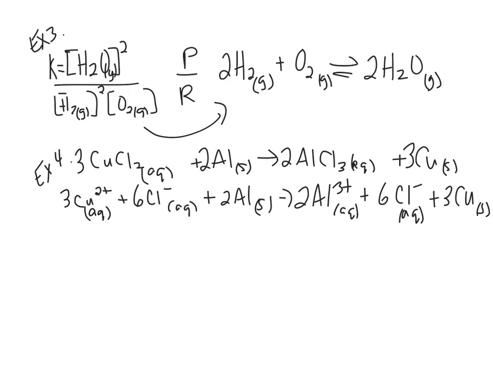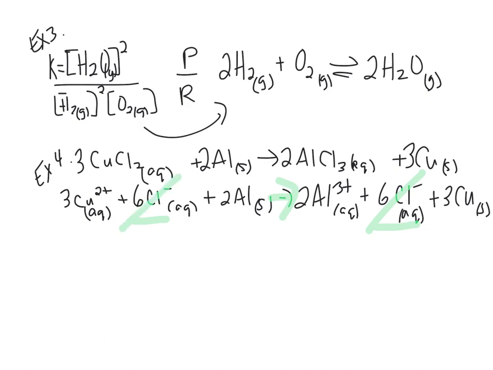All right, so now if we look at this, we have a spectator ion. A spectator ion appears on both sides of the arrow. So there's our arrow. And therefore they cancel. They're not involved in the overall reaction.